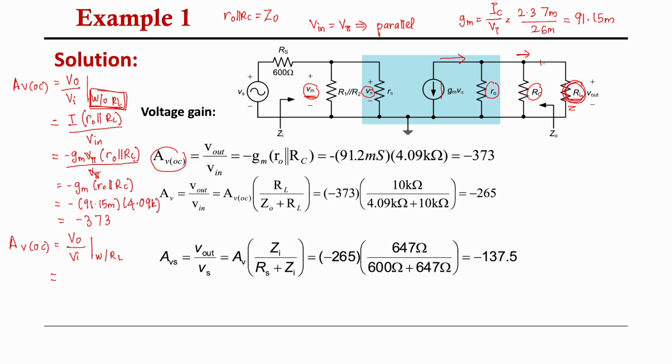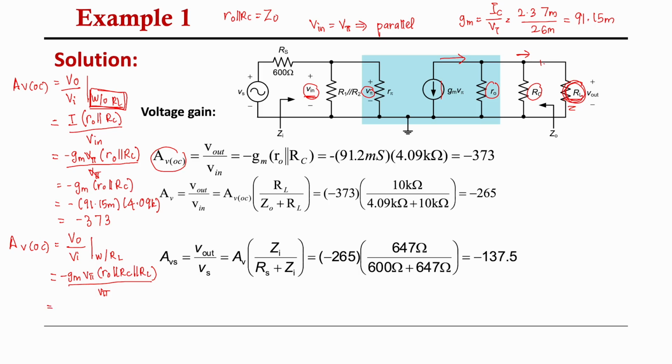This part is going to be different, right? We have to include R0, RC, and RL, and all of them are parallel, right? So it is going to be negative GM V pi R0, RC, RL over V pi.